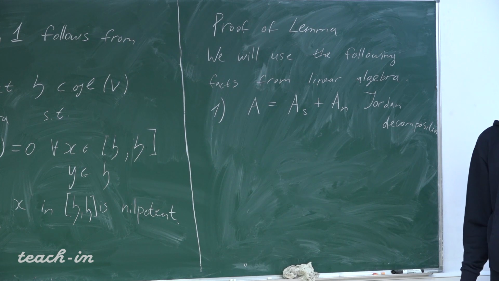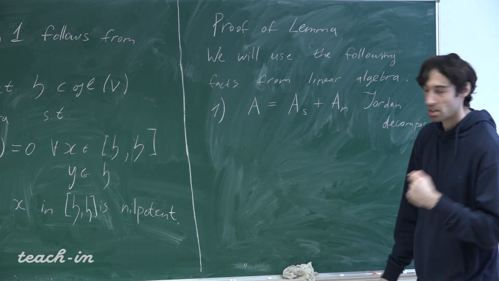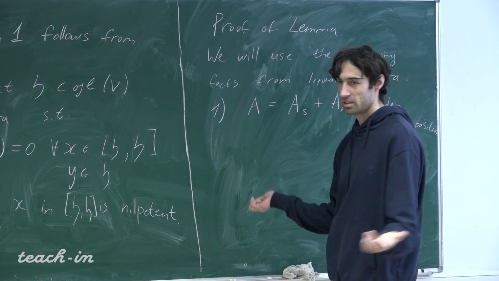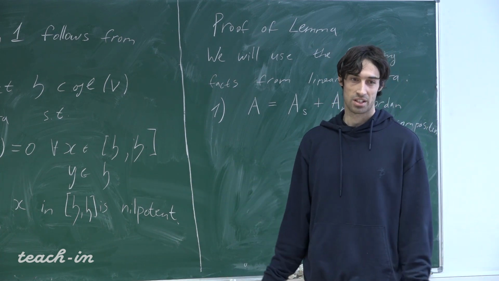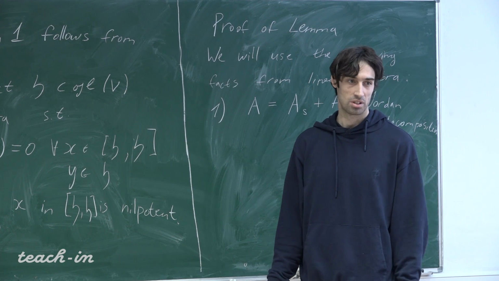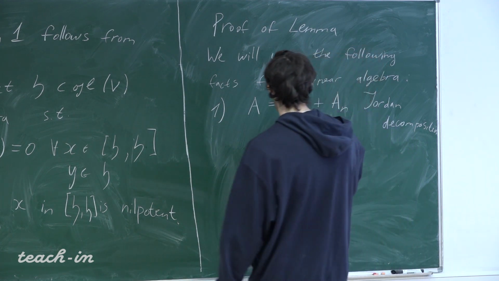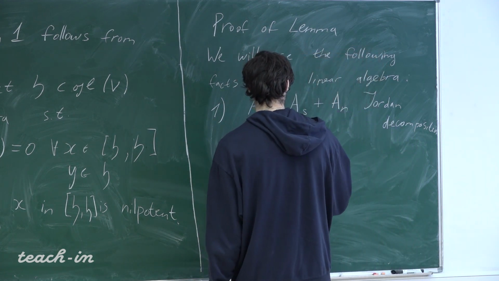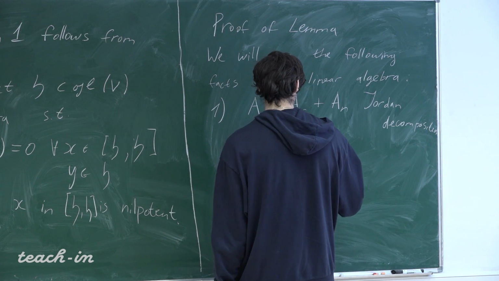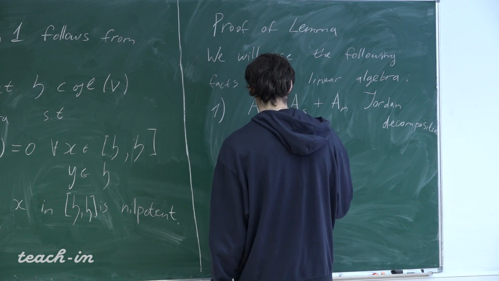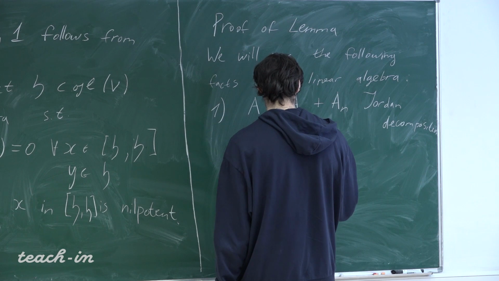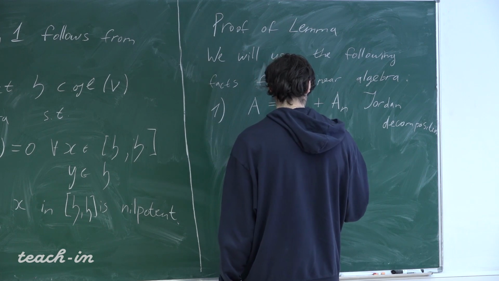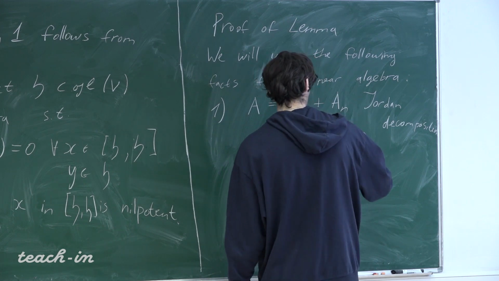But this is the same as being diagonalizable for matrices. And nilpotent, well, it's clear, some power of this matrix is 0. So this is semisimple, which is diagonalizable, and this is nilpotent.